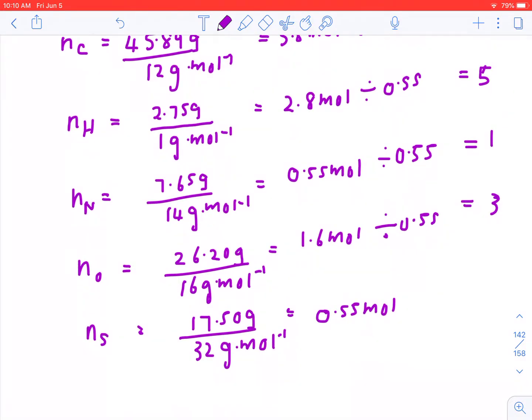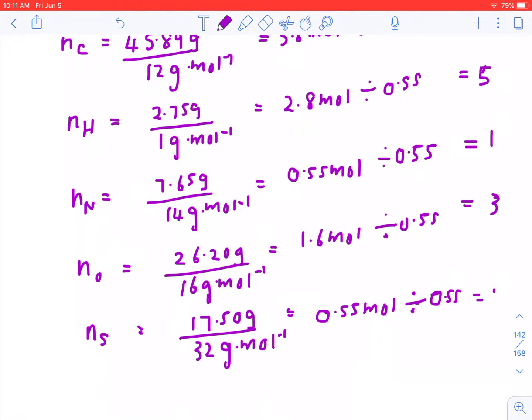And if we divide this by 0.55, that gives us 1.